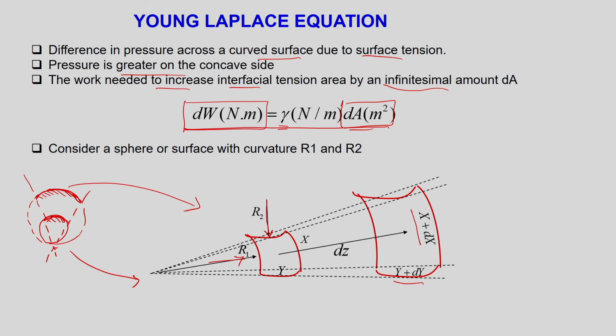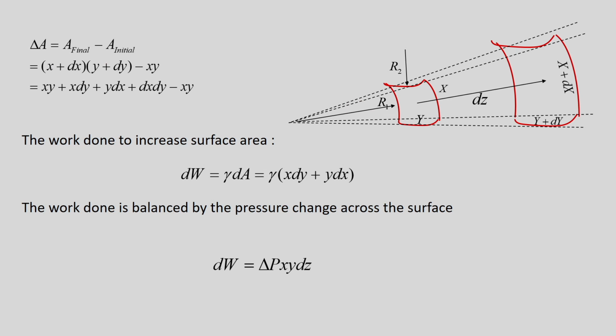Now, let us see, can we quantify this? If you see the change in area, initially x y was the area, now it is this area, fine. Now, in this term I can cancel out these two terms, and dx dy is a second order term, so I can just neglect this.